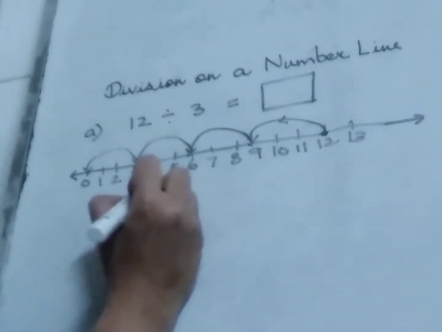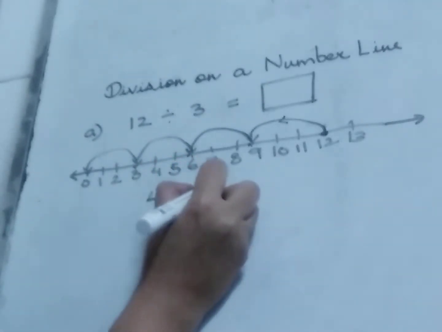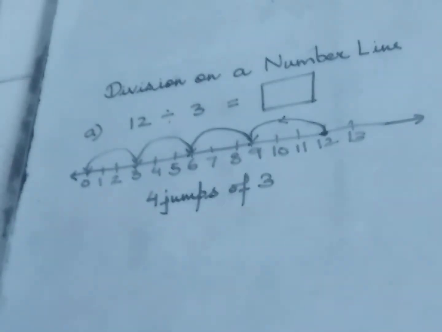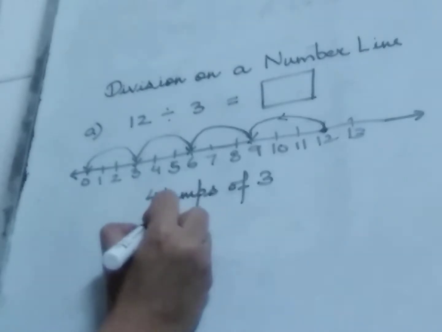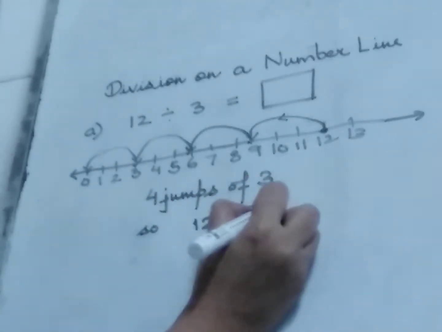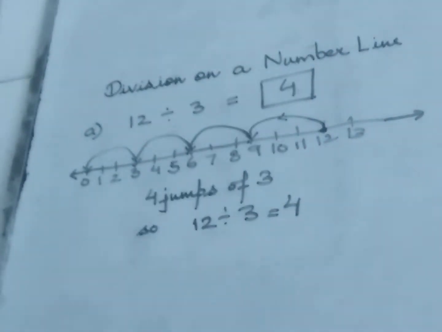You made 4 jumps of 3. So 12 divided by 3 is equal to 4. The quotient here is 4.